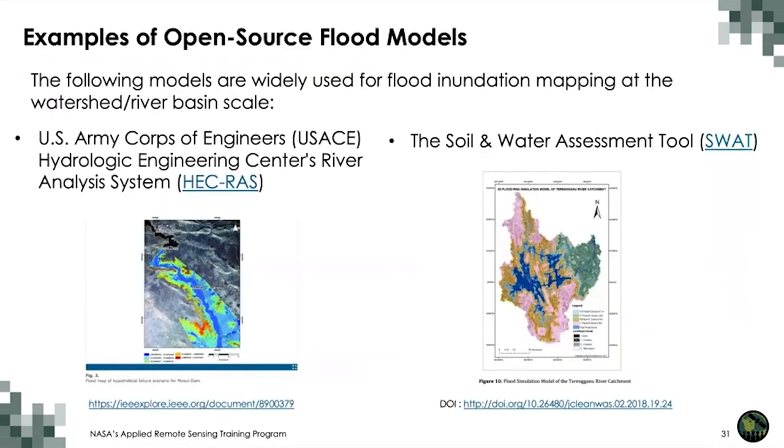Both these models are used not only in the US, but everywhere; they have been adapted and calibrated for regional use. So what we're going to do is talk about HEC-RAS first, and then look at the HEC-RAS website to see how this model software can be downloaded and worked with. There are tutorials online also. And we'll do the same for SWAT after that.